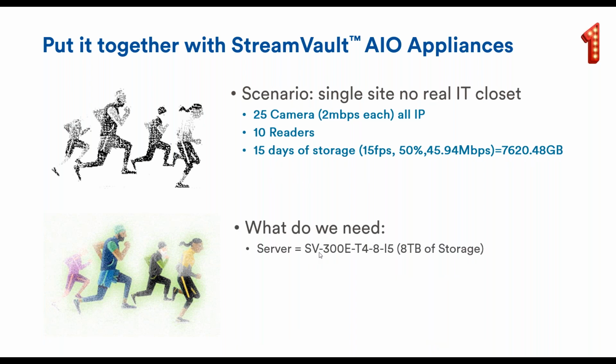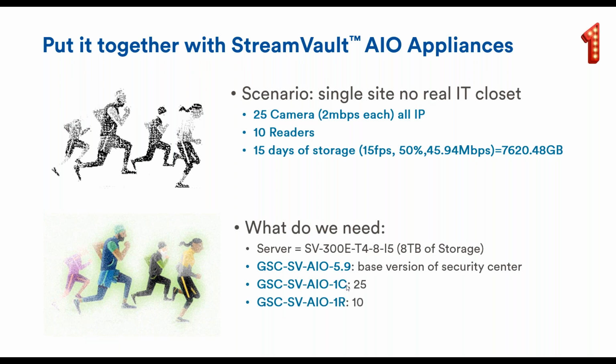So what we need to do is take the SV300E with 8 terabytes of storage. Then we bundle it with the all-in-one license with 25 cameras, 10 readers, and 0 analog cameras.